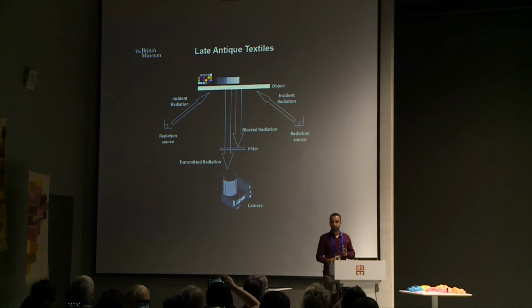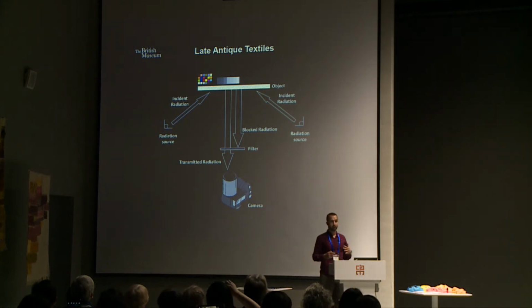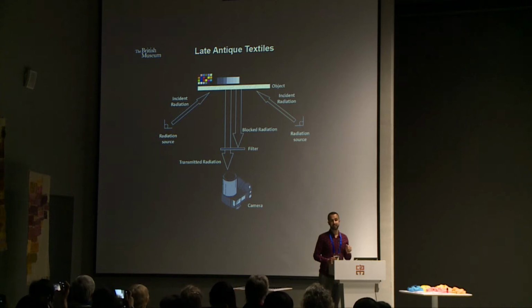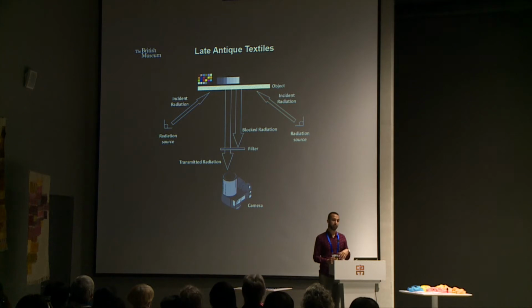The principle is quite simple. You have an illumination source, which can be a white source or a UV source. The light interacts with the materials that are in your objects, and it interacts in different ways. It can be reflected, it can be absorbed, it can induce emission from the materials.